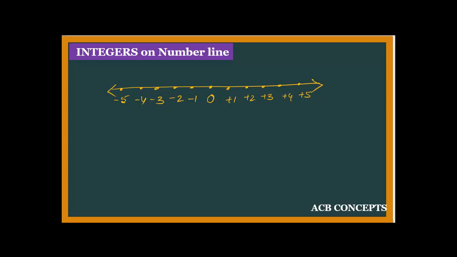If you observe this number line, the points which lie on the right side of the 0 are positive numbers. These positive numbers are called as positive integers. The points on the left side of the 0 are called as negative numbers.